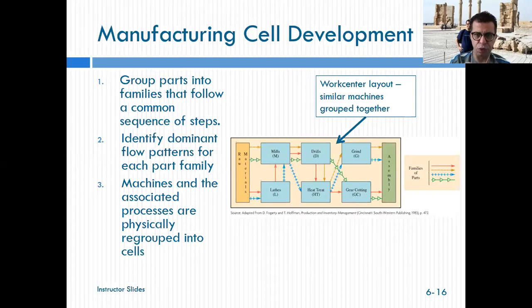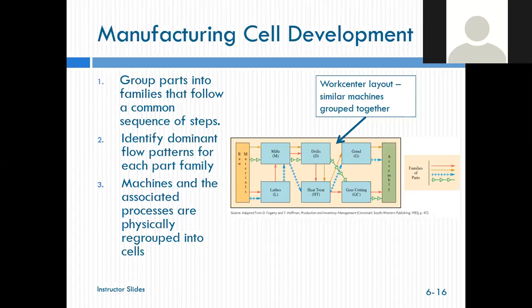They move near each other, producing the product beside each other, and then move it to the next cell to do the next steps on it. In work center layouts, similar machines are in this center and this center and this center, and they do the same processing.